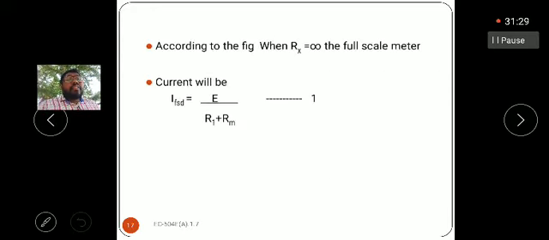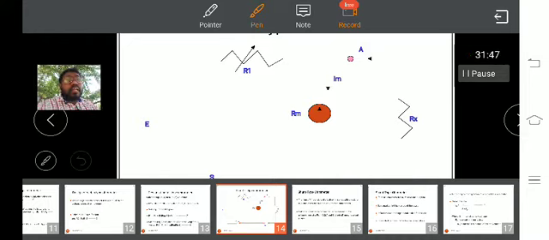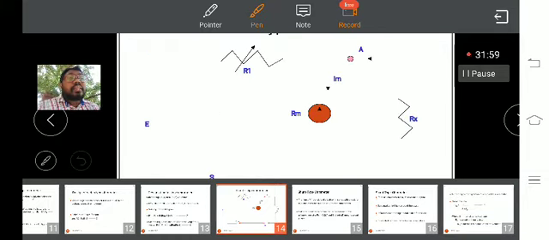Here, according to the figure, when Rx is equal to infinity, the full scale meter current, I full scale deflection, is equal to capital E by R1 plus Rm.